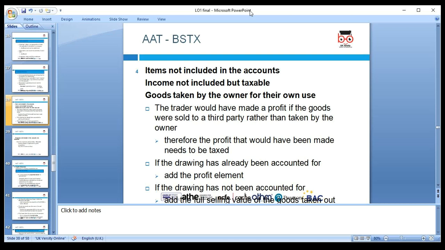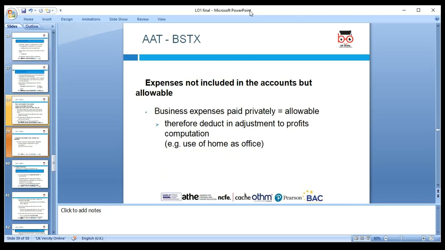So we need to look at benefit in kind. Yes, for personal use, withdrawn expenses not included in the accounts but paid privately by the business. And there are other areas as well. If you're living in a hotel and going abroad, how much is it? That's all separate rules as well.